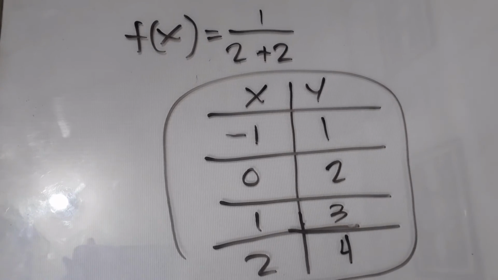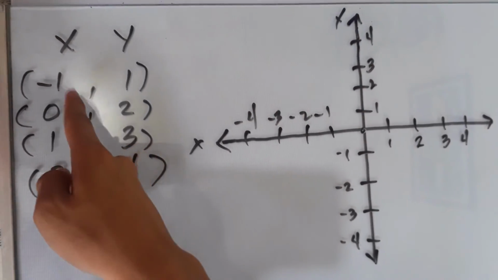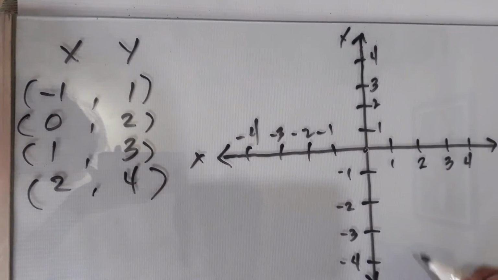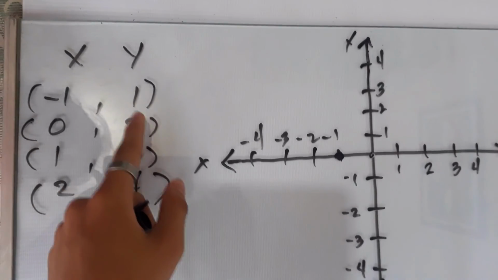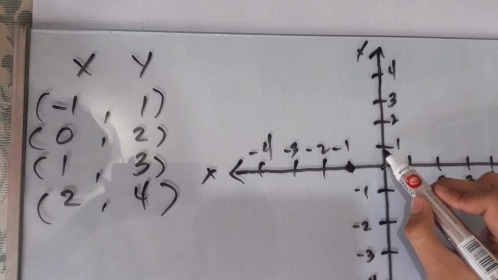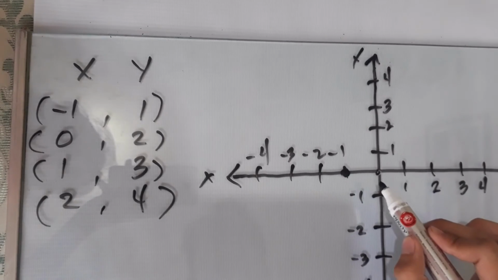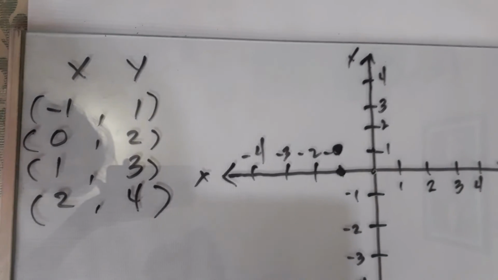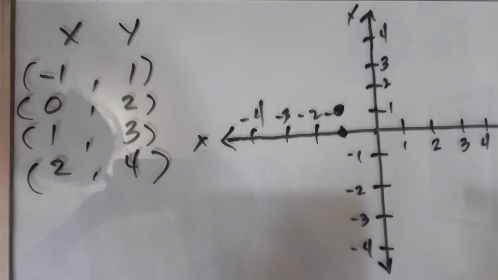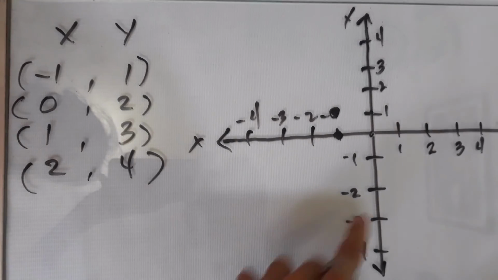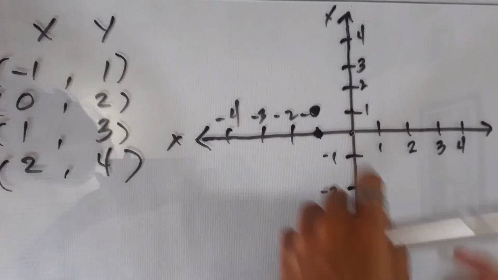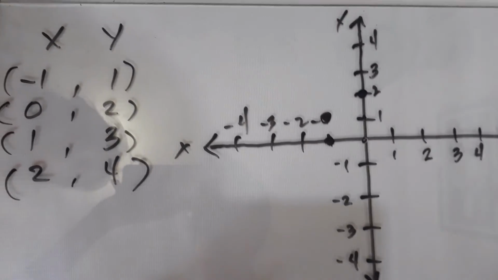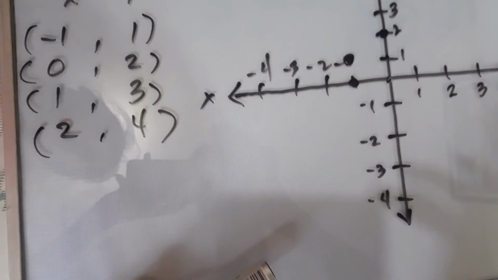So now let's graph. The first coordinate is x equals negative 1, so it will be here, and then our y will be 1, so that would be here. Now, our second coordinate, which is 0 and 2. Our x is at 0 and our y is at 2, so here. Then our third coordinate is 1 and 3.